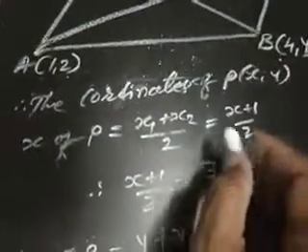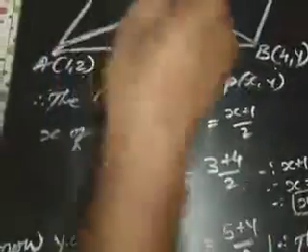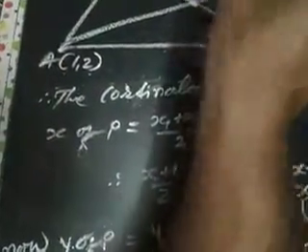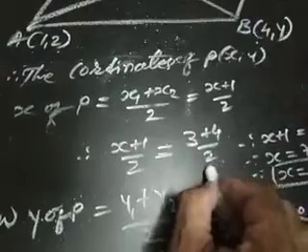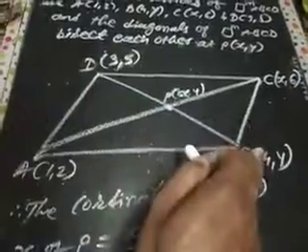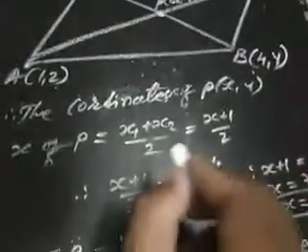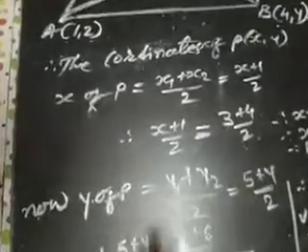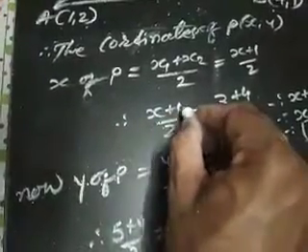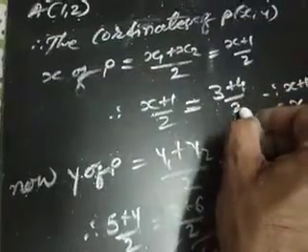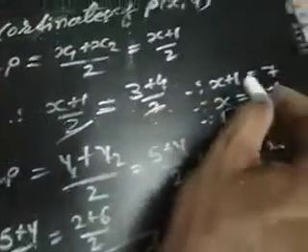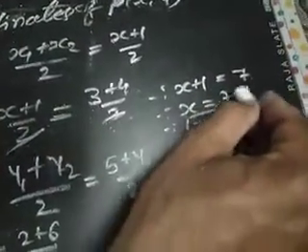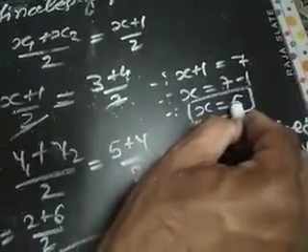So we equate both values of x of P: (x plus 1) upon 2 is equal to (3 plus 4) upon 2. The 2 cancels on both sides, so x plus 1 is equal to 7, so x is equal to 7 minus 1, and we get x equal to 6.